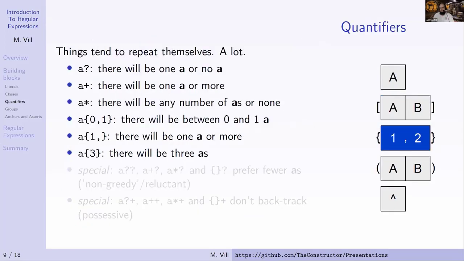So with classes out of the way, we have quantifiers. This is something that I really miss in T-SQL's LIKE. So I may or may not have a certain character, because you don't always have a decimal digit, for example, in your input, but it could be, and it would be perfectly valid.